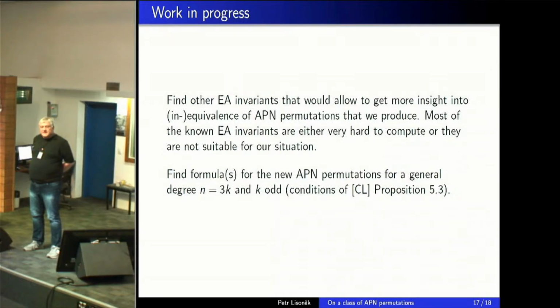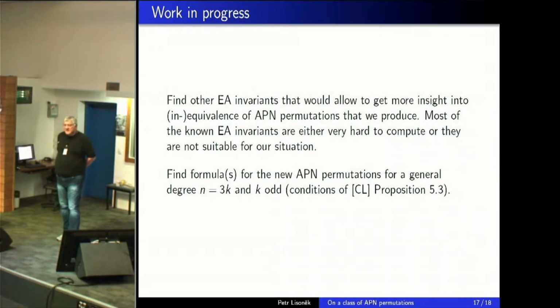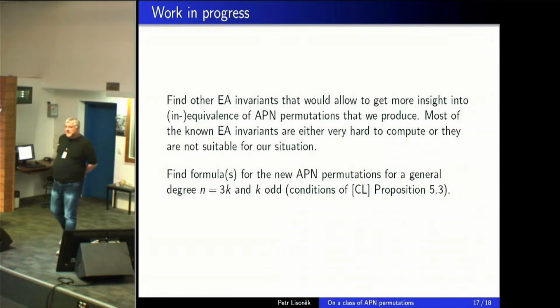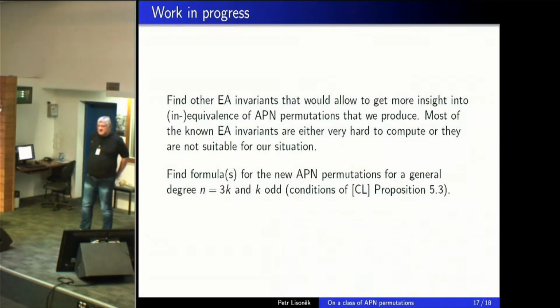Because the known invariants either are very hard to compute, and some of you may know that, they have been reported to take weeks to compute in one case, or they are not suitable, because many invariants are specifically designed for quadratic functions, and we have degree 4 here, or they are specifically designed for even dimensions, which again does not apply.